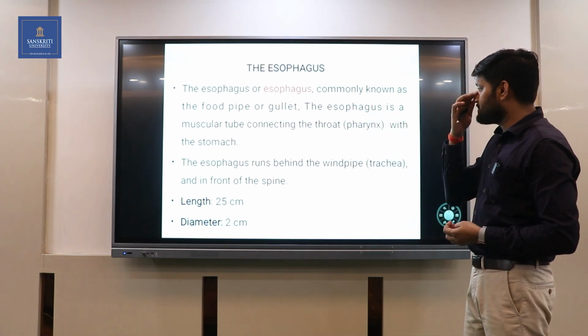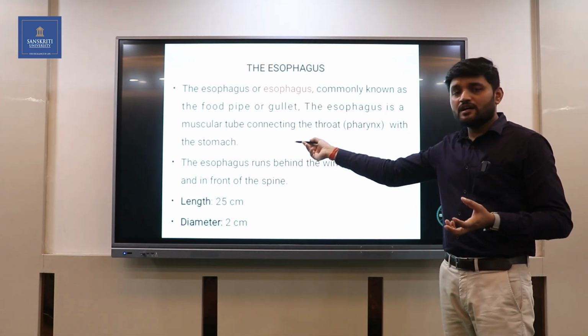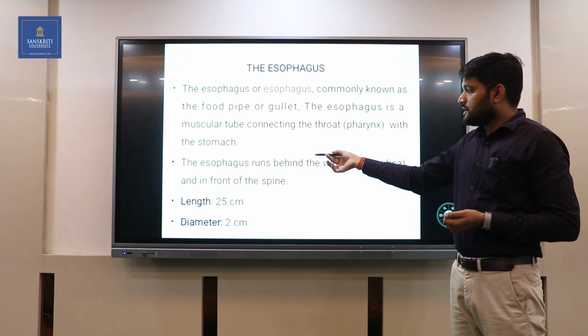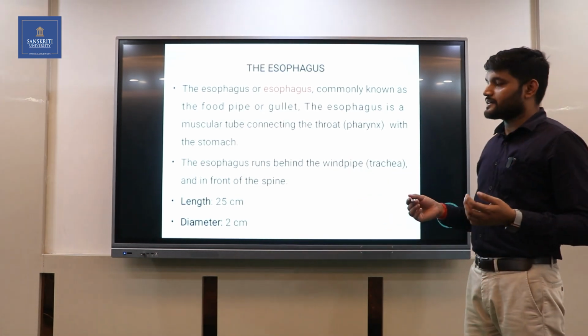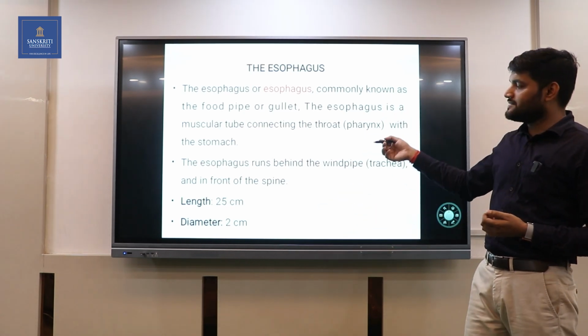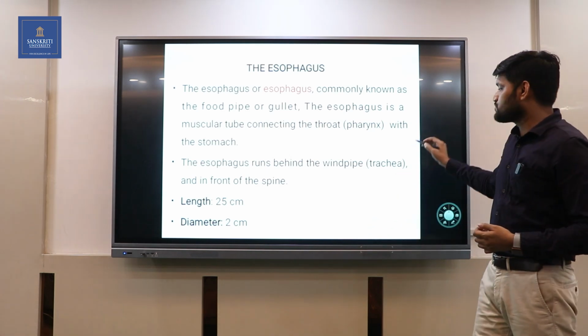The esophagus is a muscular tube connecting the throat, the pharynx, with the stomach. The esophagus runs behind the windpipe, the trachea, and in front of the spine. Esophagus length is 25 centimeters and the diameter is 2 centimeters.